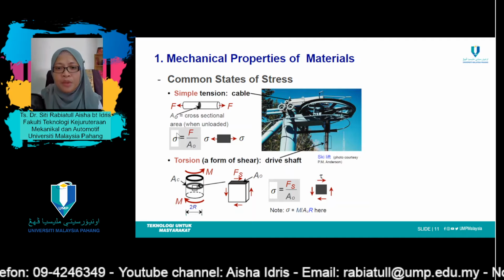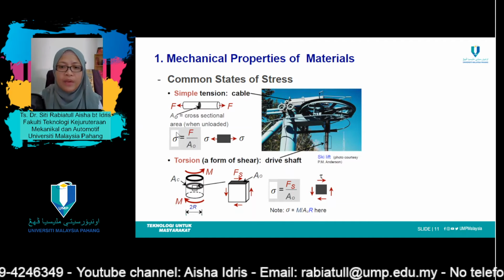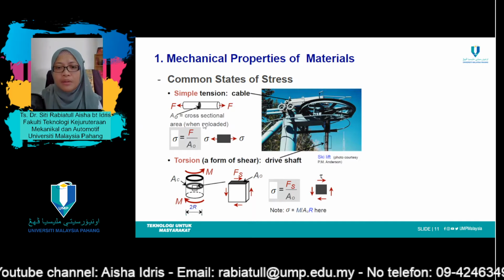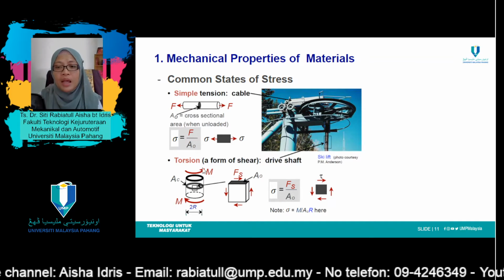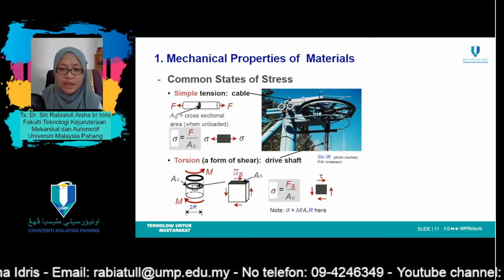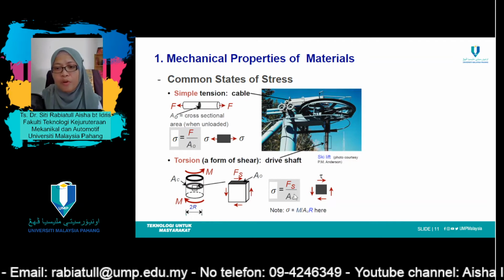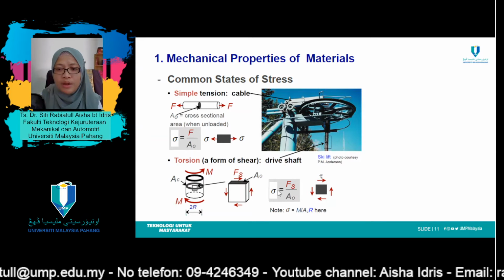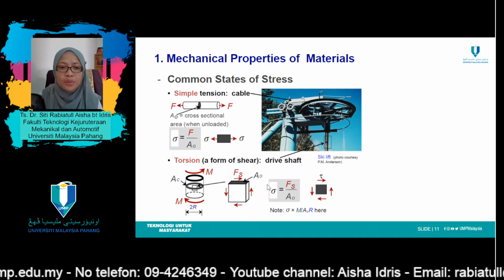And the formula to calculate the value of stresses or nominal stresses for the cable equals F over A. And for torsion, in this case, shear stress exists on that structure. And the formula is the same, force over area. However, this one stands for tau. So there's a typing error there.